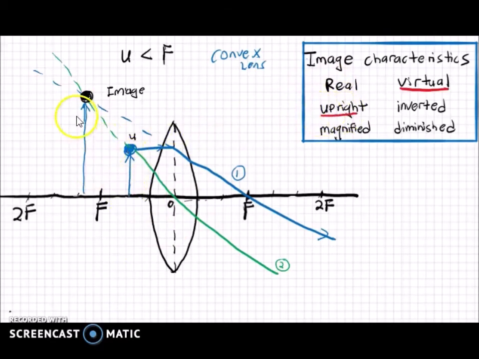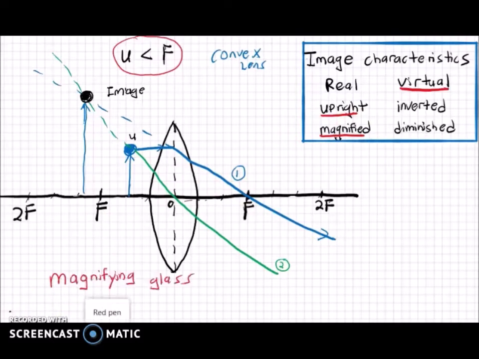And the size has been magnified. So the image characteristics are virtual, upright and magnified for this position. The application here is the magnifying glass. For this lens, the suitable application is the magnifying glass. So this is how you should draw the rays.